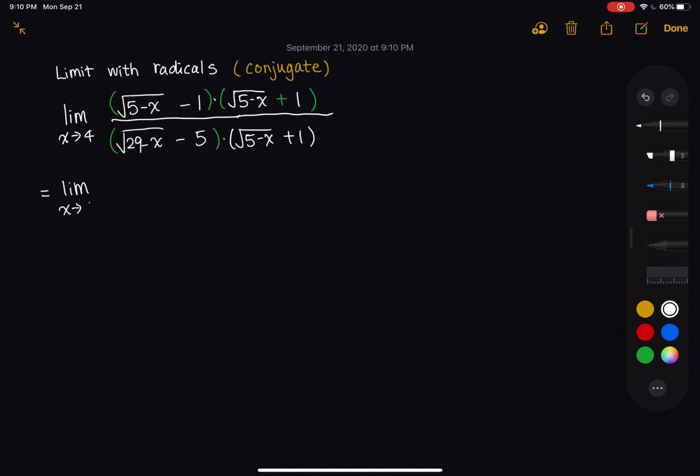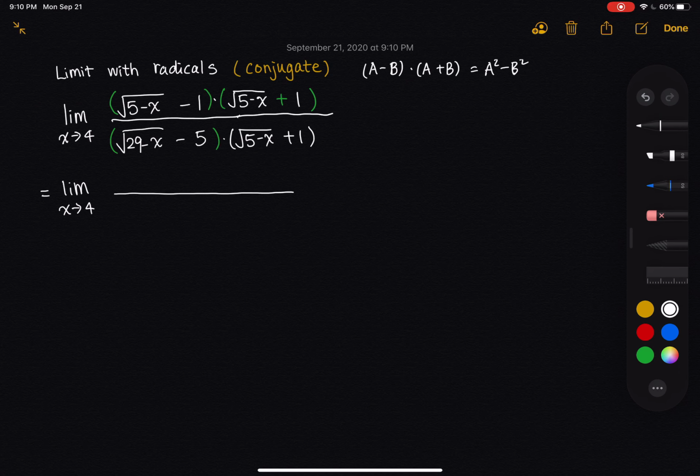As x goes to 4, I'm not going to carry out all the calculation, but the main idea of using the conjugate is that a minus b times a plus b gives a squared minus b squared.